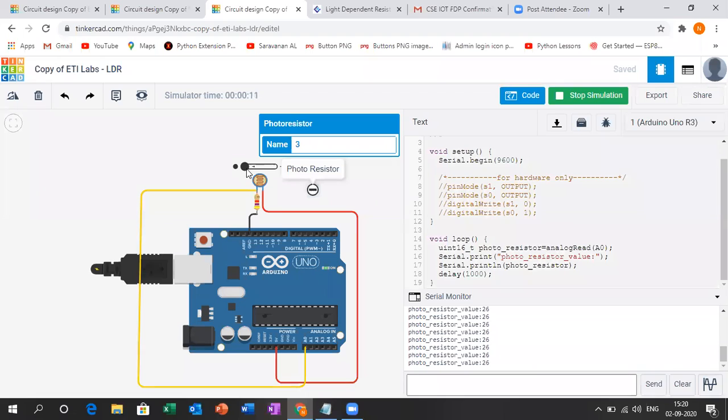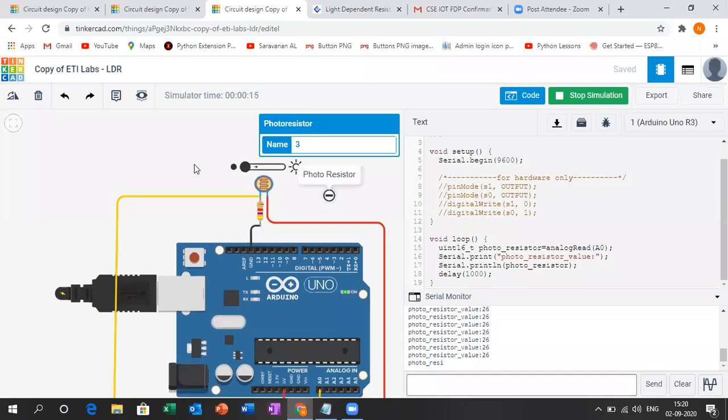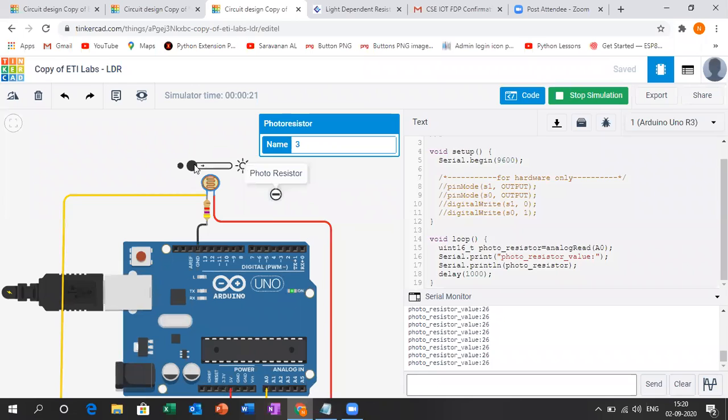Now I zoom in, and you can see a dark ball. I just slide it to the right side, and that means the intensity of light increases, so the resistance will also increase.